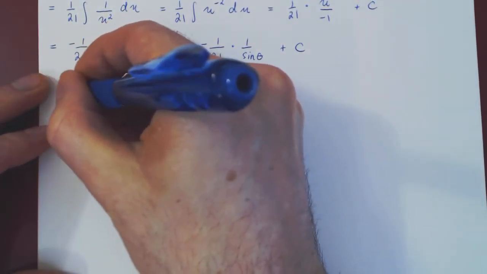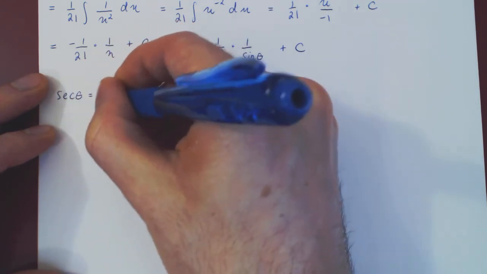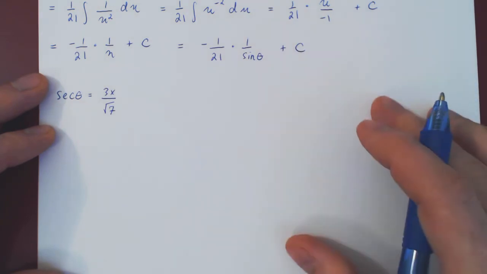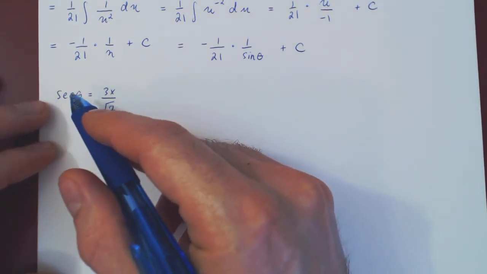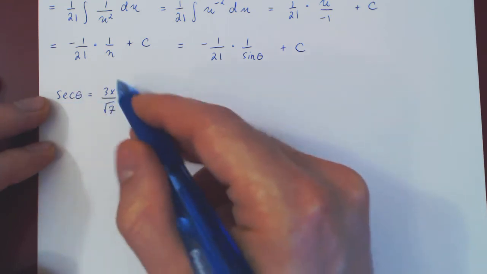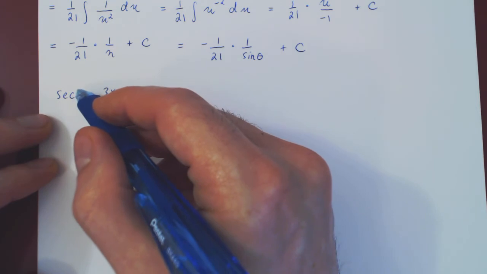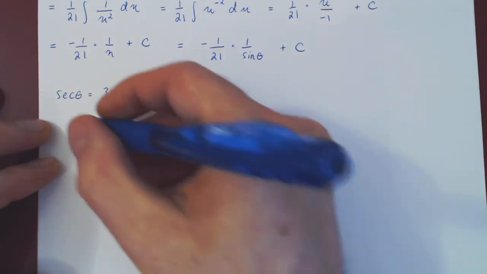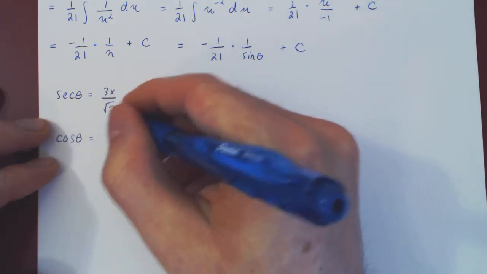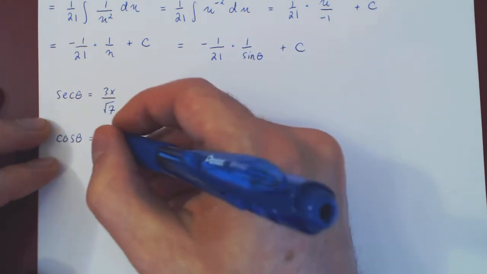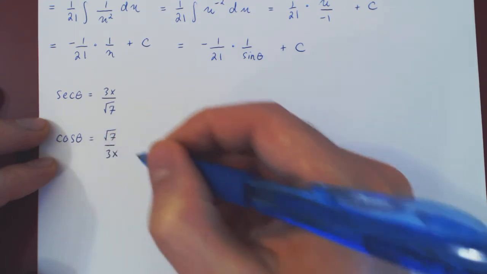So secant of theta is 3x over the root of 7. Well, we're both familiar with cosine, so if you think of it, secant is 1 over cosine, so if you invert both sides, then you will get cosine. So invert secant, you get cosine. And of course you have to invert this as well, which will give you root of 7 over 3x.